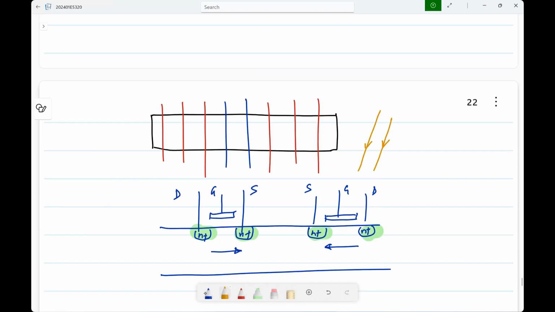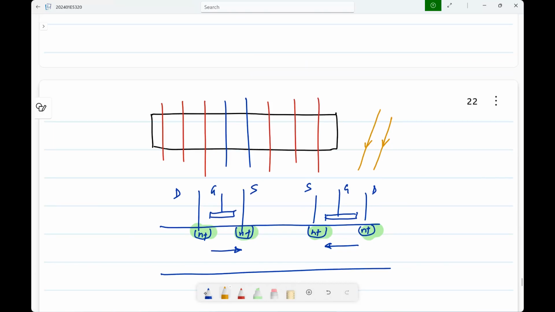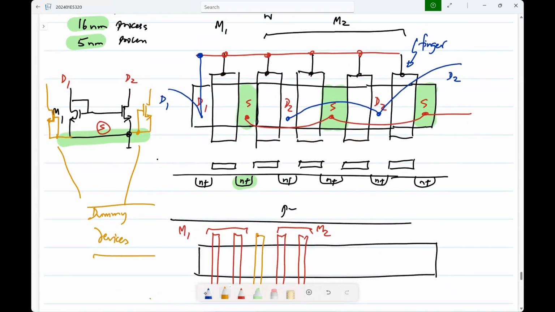So what is it that I need to do? Again, I don't want to worry about how much the difference is, because that is impossible. As a designer, I just don't want to have to think about this. So if I want to make a current mirror, what was happening earlier in this fingered structure? The current flows from drain to source in both transistors.